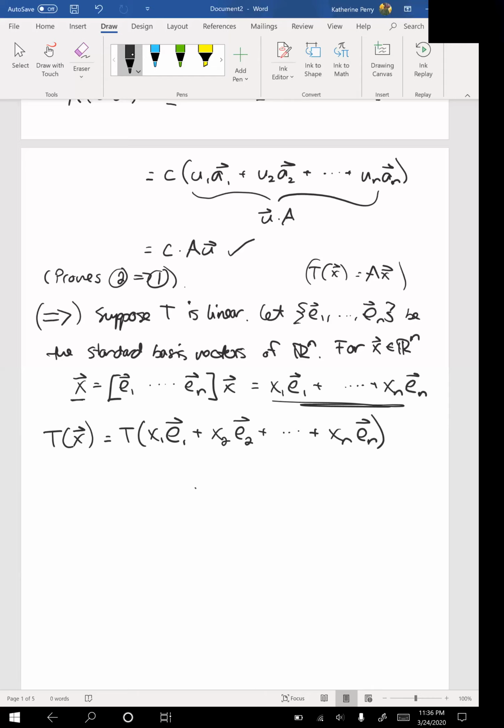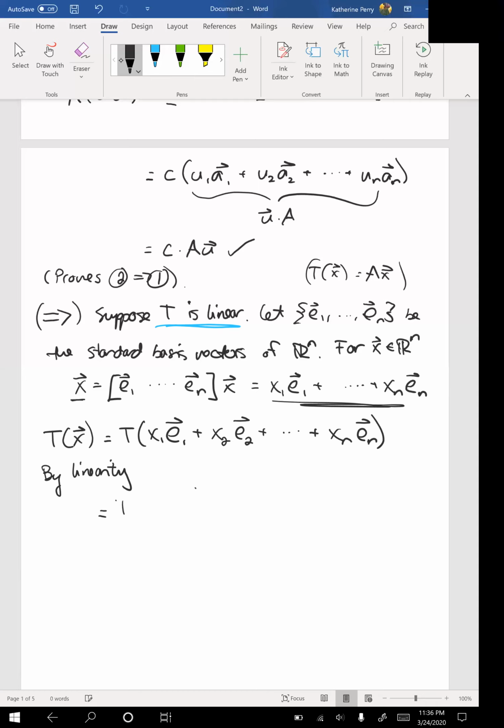But remember, we're assuming that our transformation is linear. So we can say by linearity, this is equal to, and now I can take this T and apply it to the first vector, and the plus T applied to the second vector, and so on.